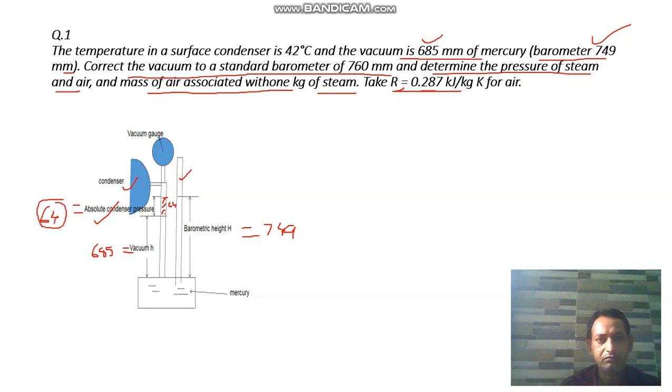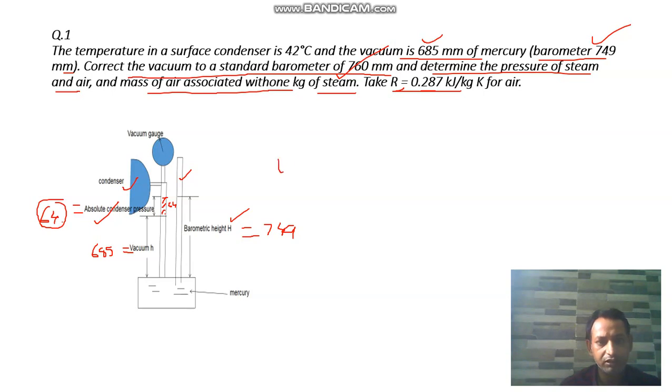Now if the barometric height changes, or when it becomes 760, then the vacuum inside the condenser will be different.